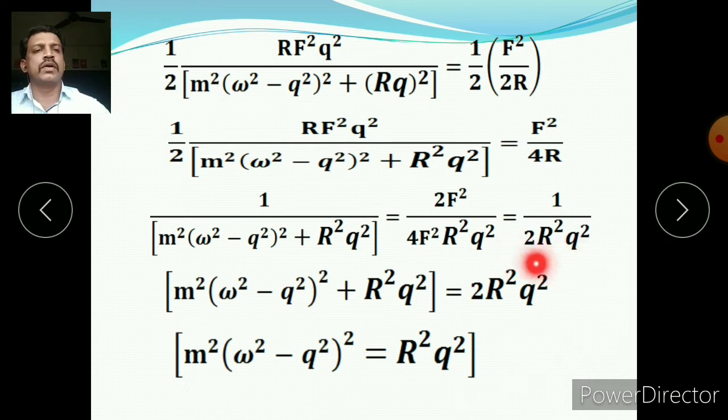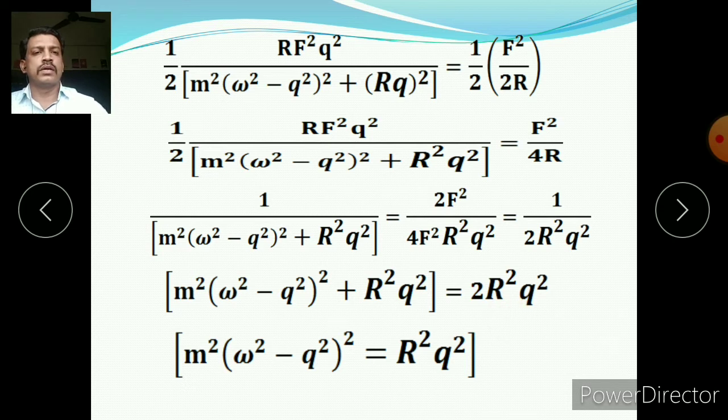Finally you will get 1 upon 2 R square Q square. Now we take the inverse of this equation, so this whole term goes to the numerator. Therefore M square [omega square minus Q square] square plus R square Q square equals 2 R square Q square.